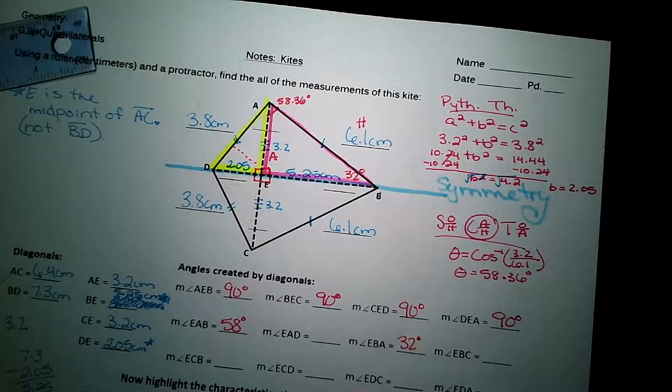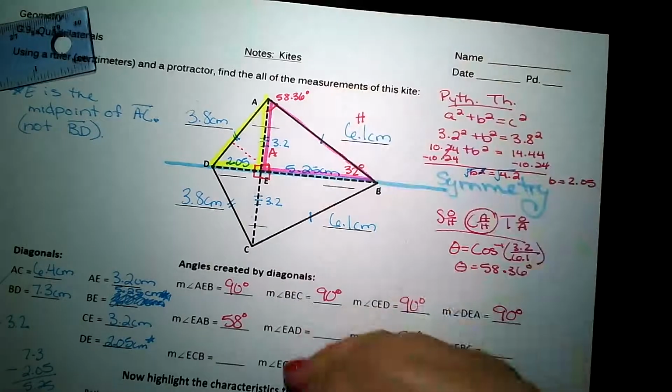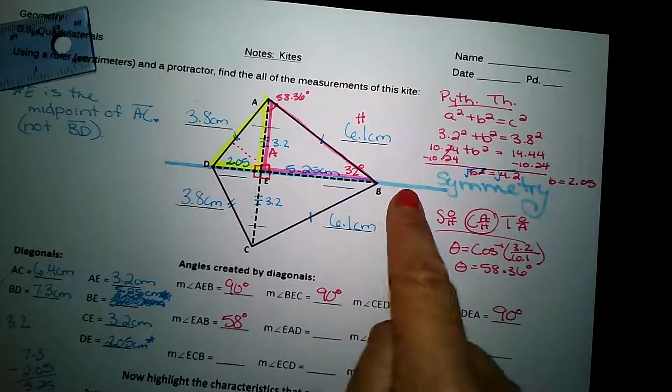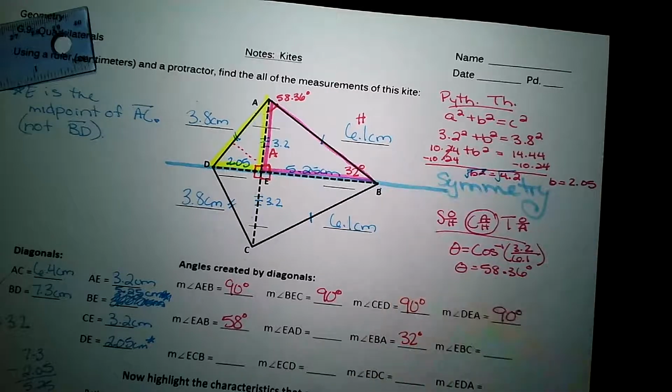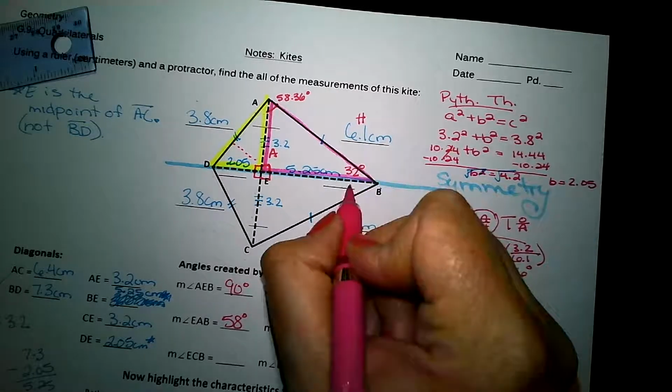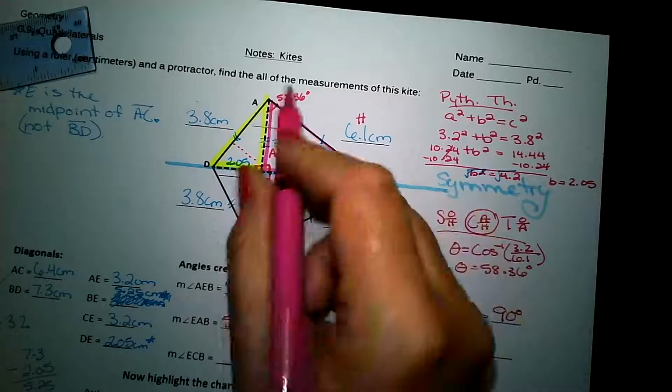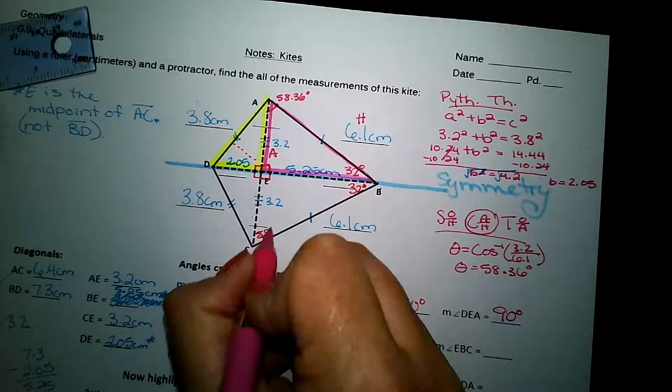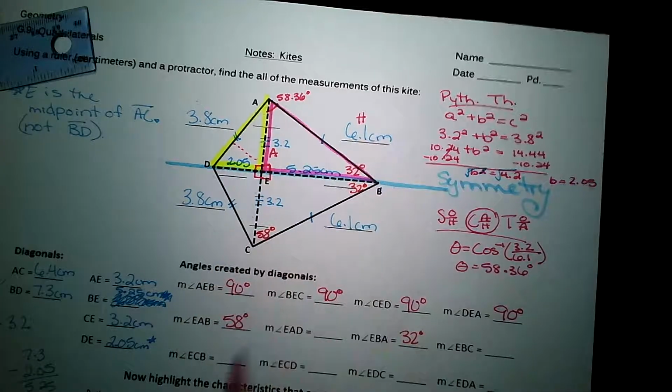Something else I can do is just transfer this down. There's my line of symmetry. So if this kite folds over, this 32 degree angle can transfer down. This 58 degree angle can transfer down. So now I've got ECB at 58 degrees and EBC at 32 degrees.